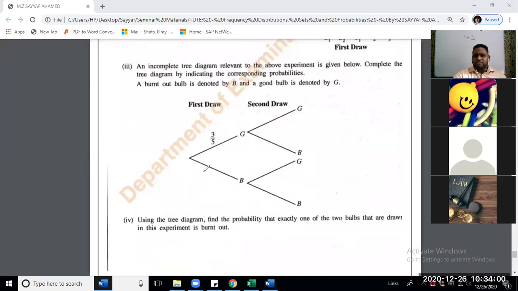So this is very simple. 2 over 5, you copy the same, 3 over 5, 2 over 5, 3 over 5. If it is independent, that means they keep the bulb again in the same box. They just pick it up, check whether it's burnt out or a good bulb, and you keep it in the same box.